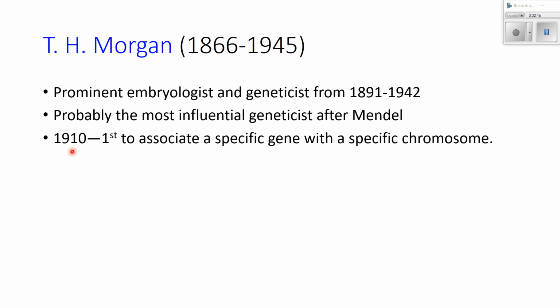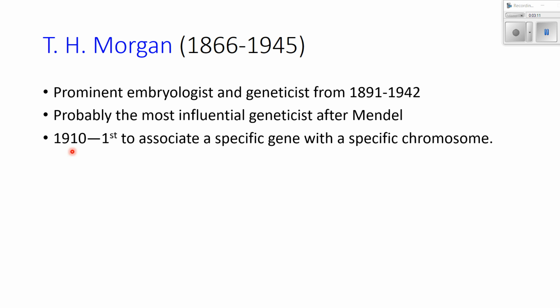And this was very shortly after the discovery of chromosomes. Chromosomes were discovered in the early 1900s. And people started to realize that maybe genes, whatever genes are, maybe they are somehow attached to or carried on chromosomes. And they made that connection between genes and chromosomes.